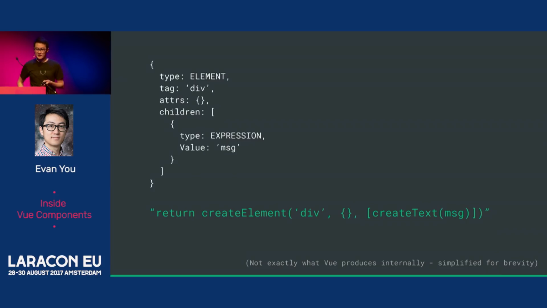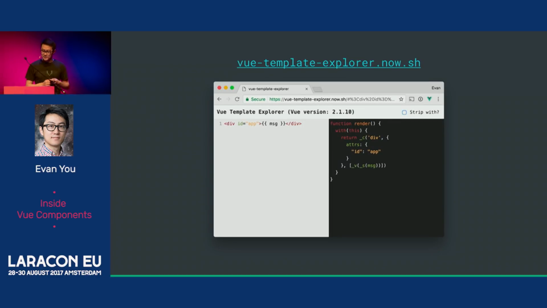If you've used render functions, I think this more or less makes sense now. But if you haven't used it, just think of it as returning a big tree of JavaScript objects. And this, Vue Template Explorer, is an app that allows you to explore how your templates are compiled into render functions under the hood.